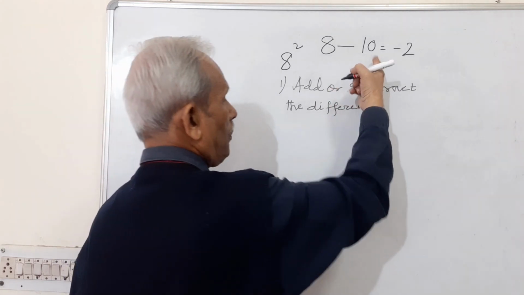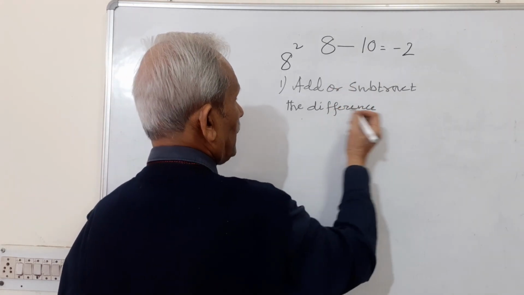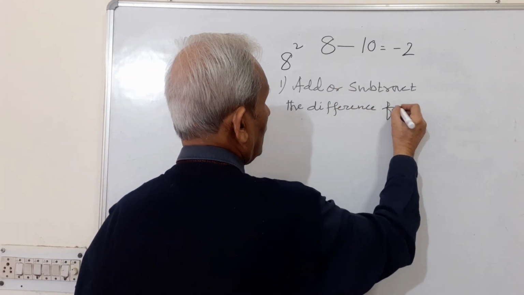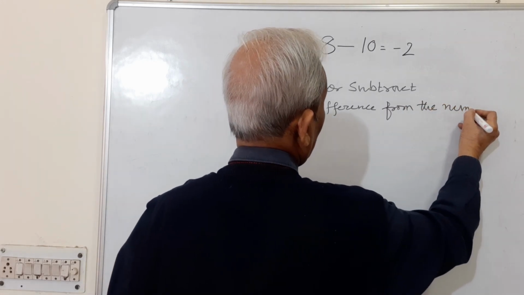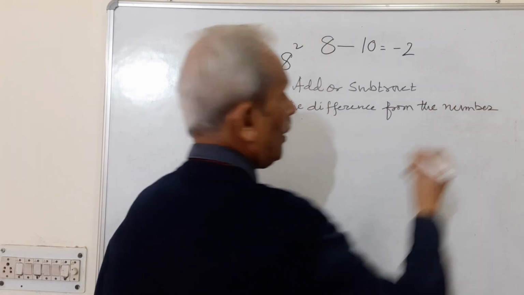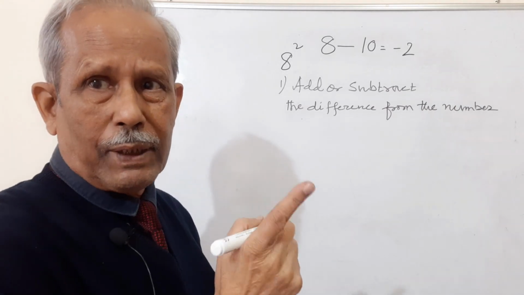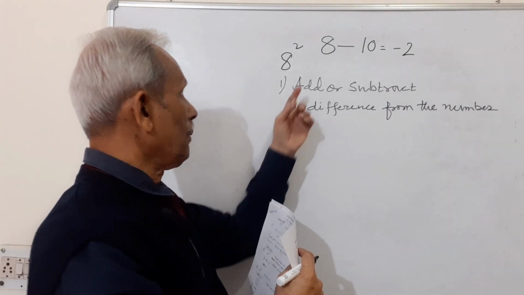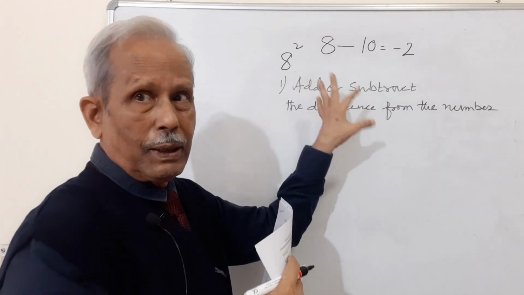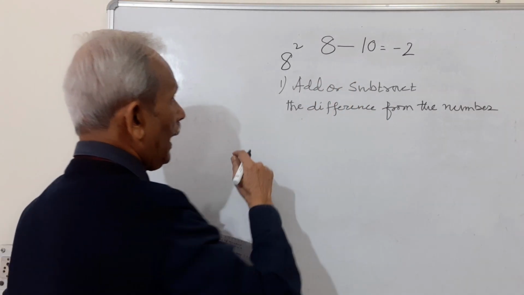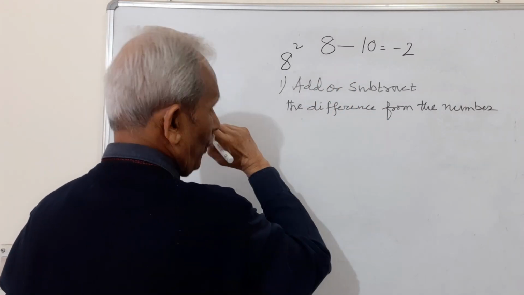Here, the difference from the base, add or subtract the difference from the number. That is the first step. The difference here, the difference from the base, is 8 minus 10, minus 2 in this case. And then what is to be done?